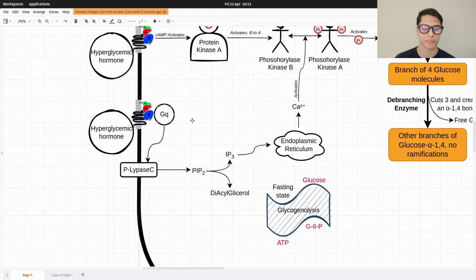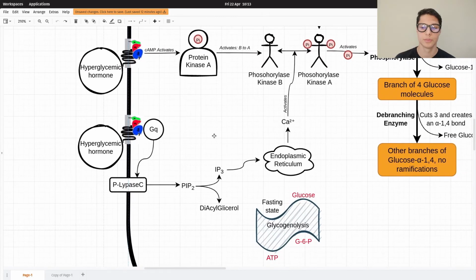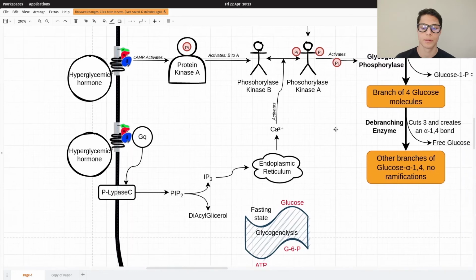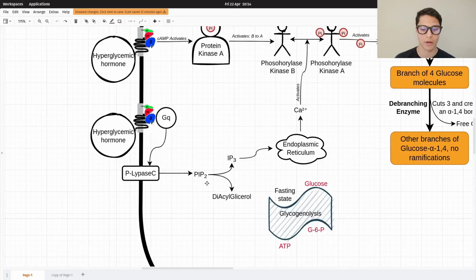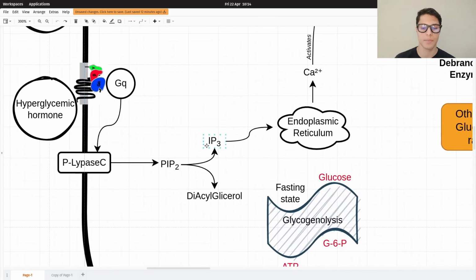Another way to stimulate this glycogenolysis is by activating, well, the G protein gets the Gq. Gq binds to phospholipase C, which is an enzyme on the membrane that stimulates the conversion of PIP2 into IP3 and diacylglycerol.